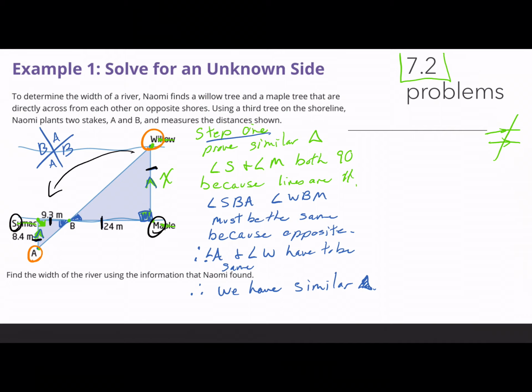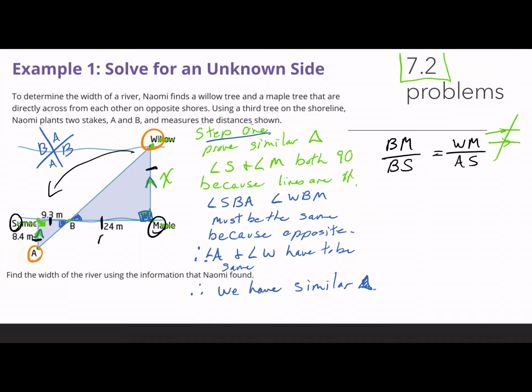So the ratio BM over BS has to have the same ratio as WM over AS.